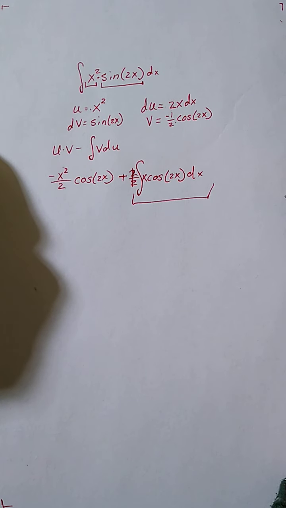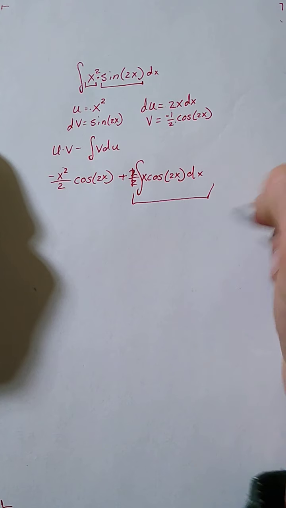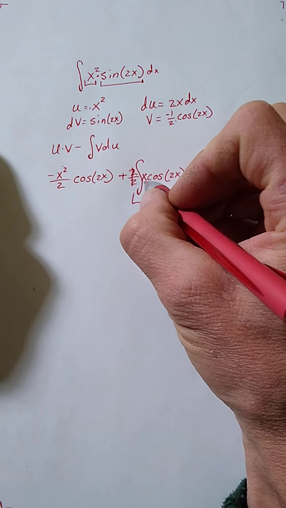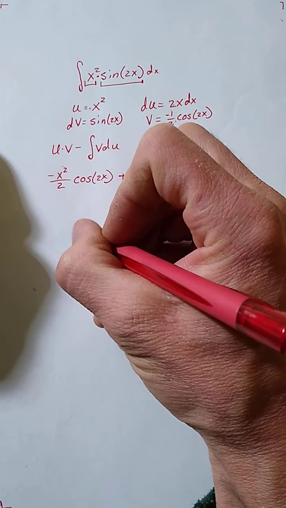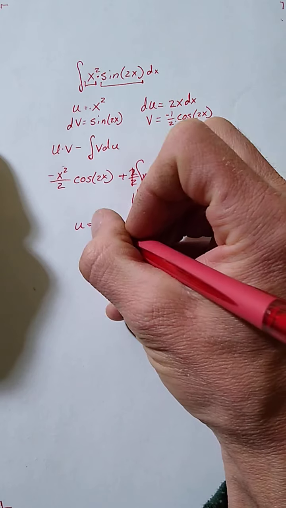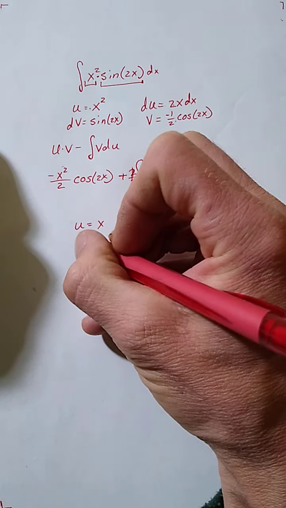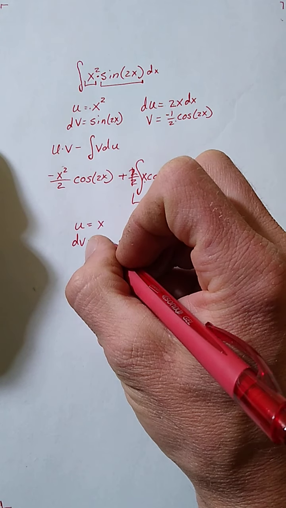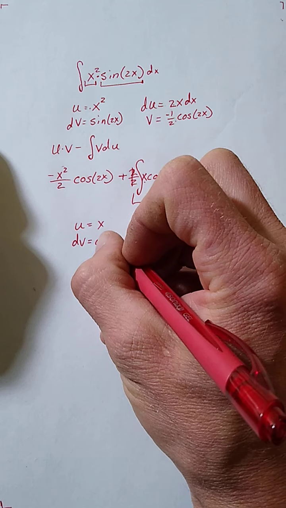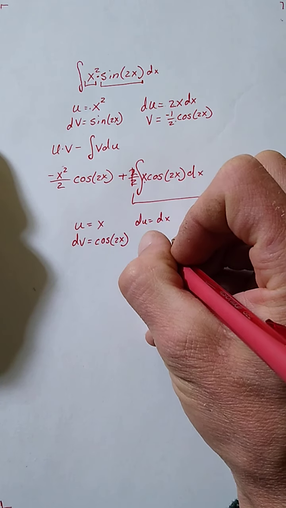Notice in this particular case, this is another integration by parts, where again I want to make the choice of u being as simple as I can get, and dv to be something that doesn't get too much harder.